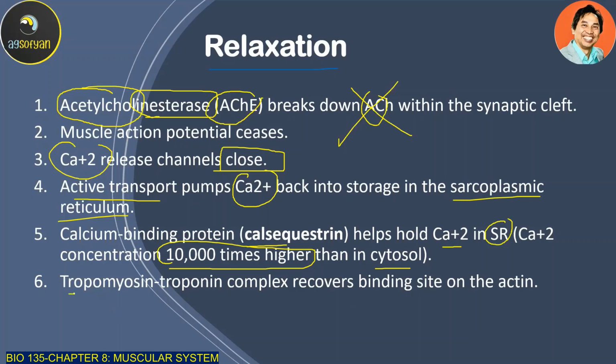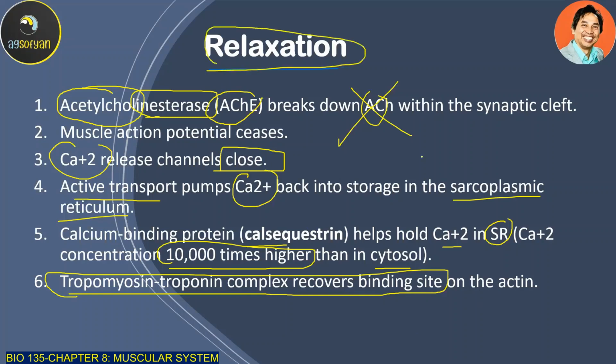And then the tropomyosin-troponin complex will cover the binding site again. Therefore, the myosin head will not bind to it. It will relax the muscle.